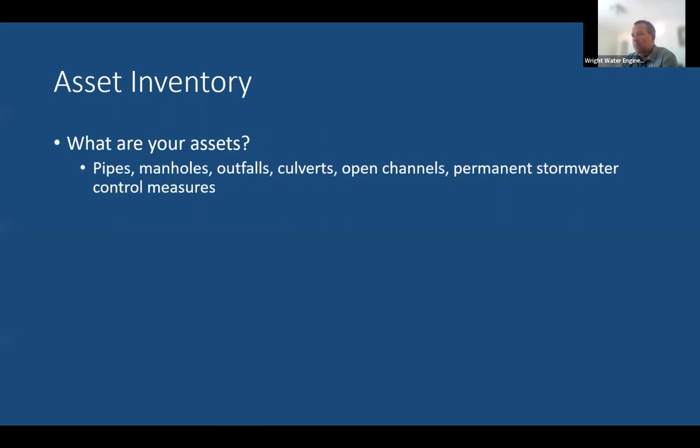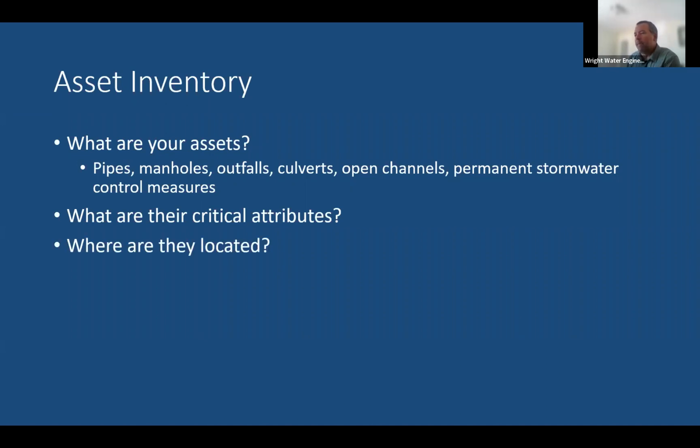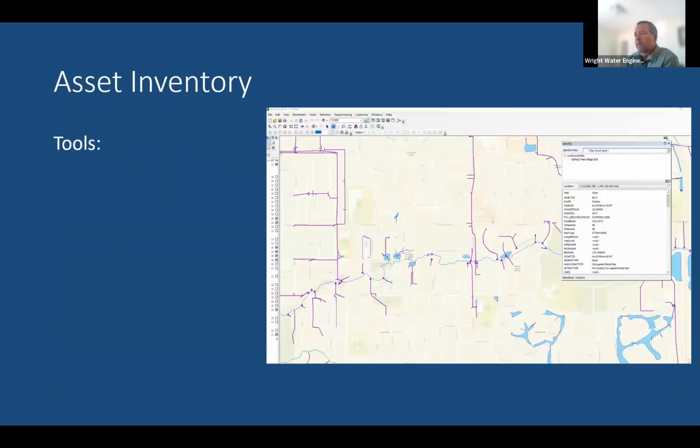Stormwater-wise, we're talking about pipes, manholes, outfalls, open channels, BMPs or stormwater control measures, etc. And understanding the critical attributes of these assets: What are the things that need to be maintained? What are the things that have costs associated with them? You'll see we'll talk about modeling a little bit. And of course, where are they located?